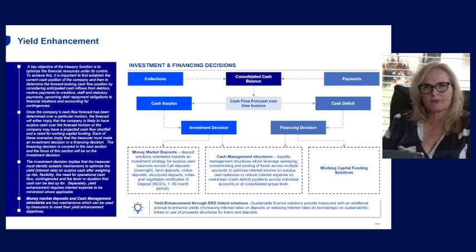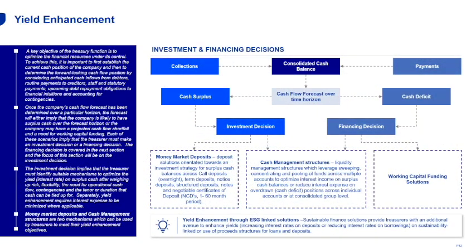In global markets, we have a range of solutions to assist with the optimization, ranging from core deposits, which provide a safe way to earn returns on cash that you need to keep accessible, through to term deposits, which allow treasurers, based on that cash flow forecasting, perhaps to take advantage of a yield enhancement by locking in that cash for a greater duration than, say, overnight, and thereby allowing clients to get an additional yield pickup.